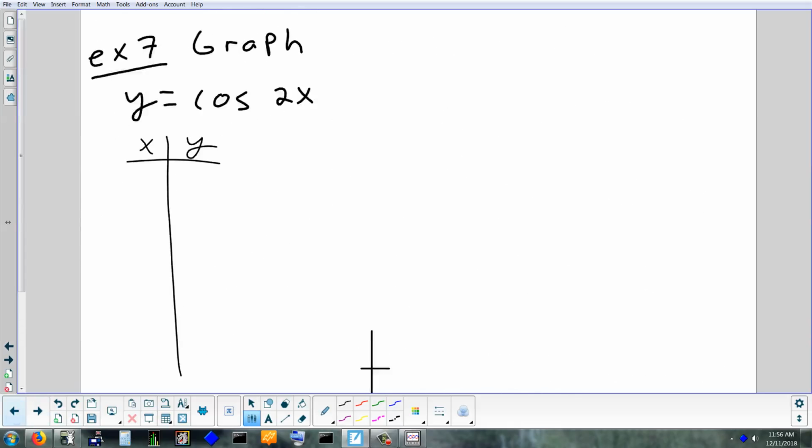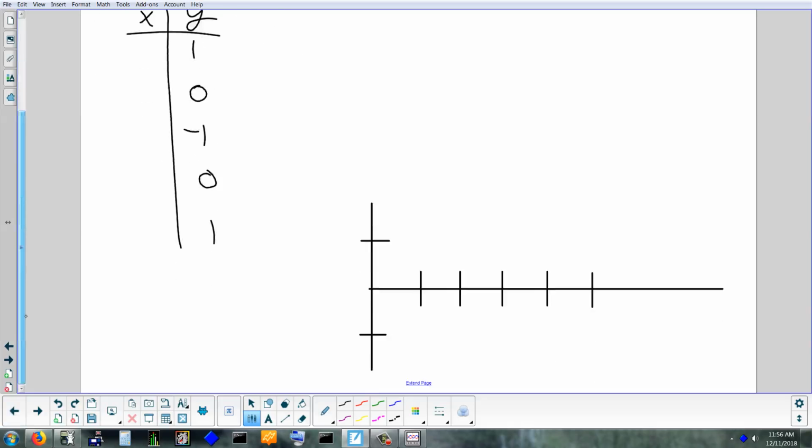Okay, Gabe, what are my y values for cosine? 1, 0, -1, 0, 1. Yeah. And remember, we're only sketching one cycle. So are there other y values than this? Sure, I could make more. If I wanted to do another cycle, I'd put another 0, -1, 0, 1. But I'm stopping here because I only want to do one cycle.